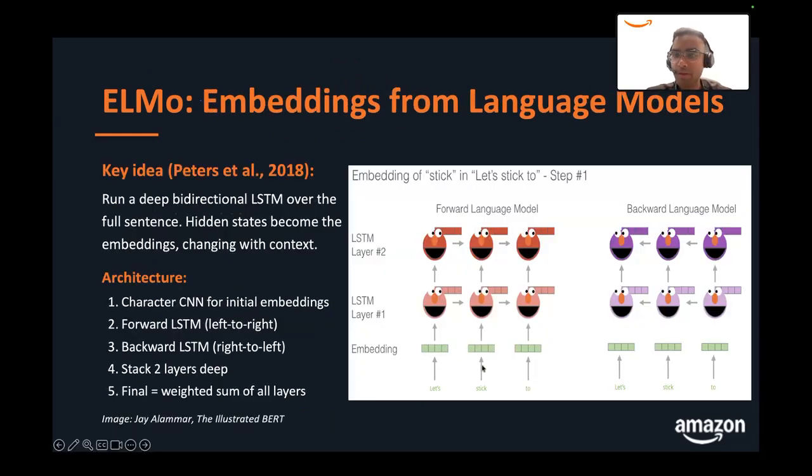So after we get those embeddings, we pass them through one layer of LSTM, which is a forward moving LSTM. Like the previous hidden state is transferred through some linear transformation to the next hidden state.